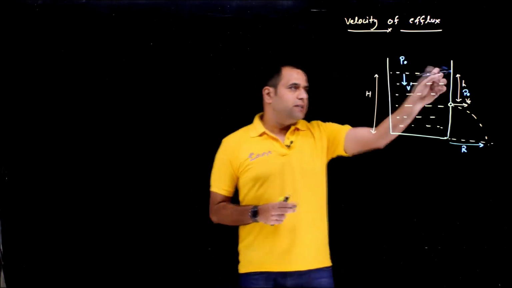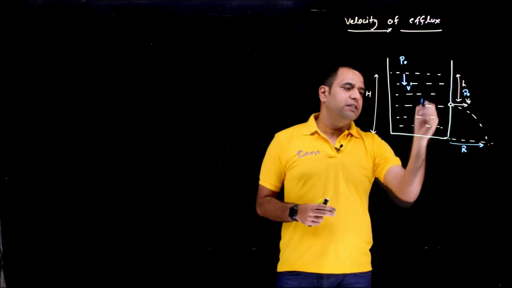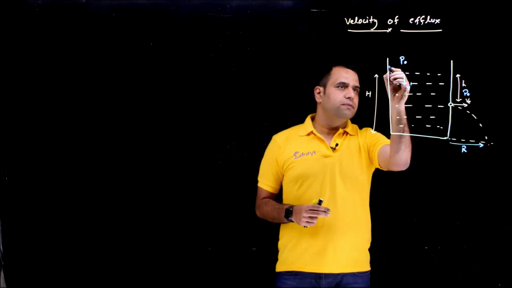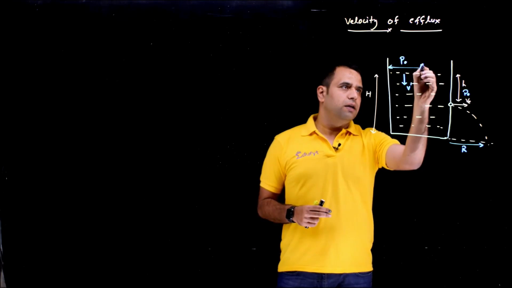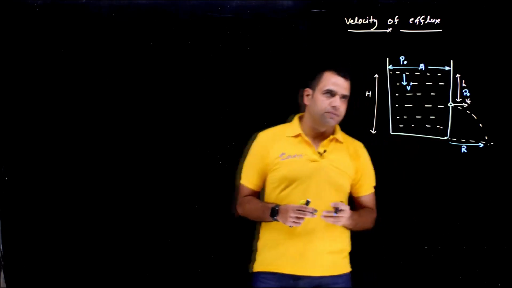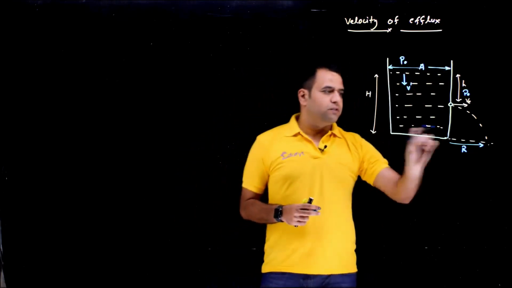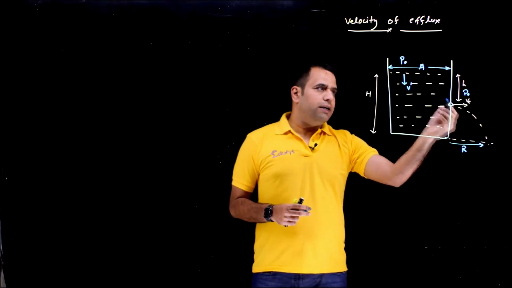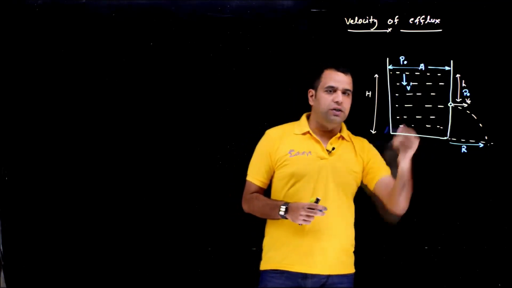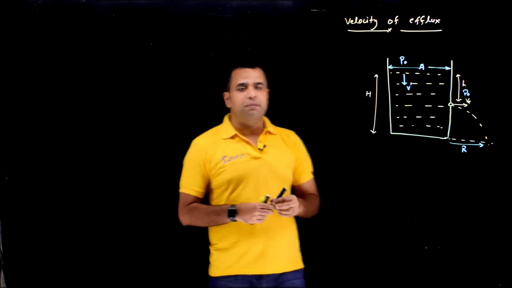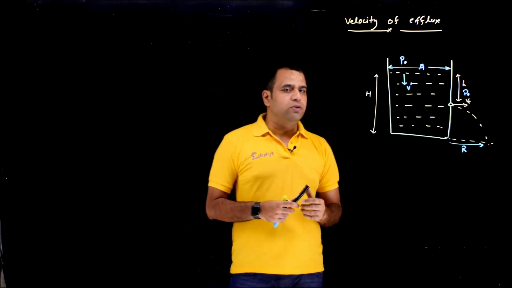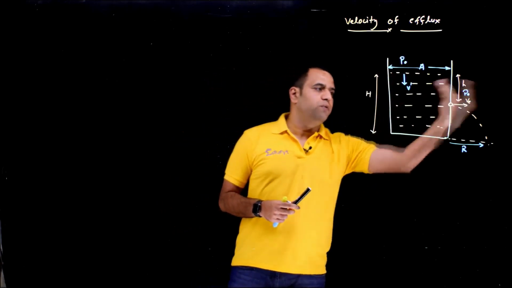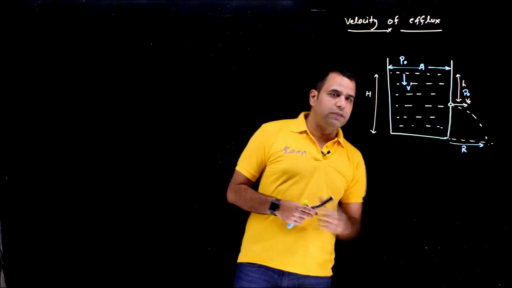I'm defining this cross-section area as capital A. For this test volume, this is my outlet and this is my inlet, which is going down. If we apply the continuity theorem, whatever fluid is going down, the same fluid will be going out from this.